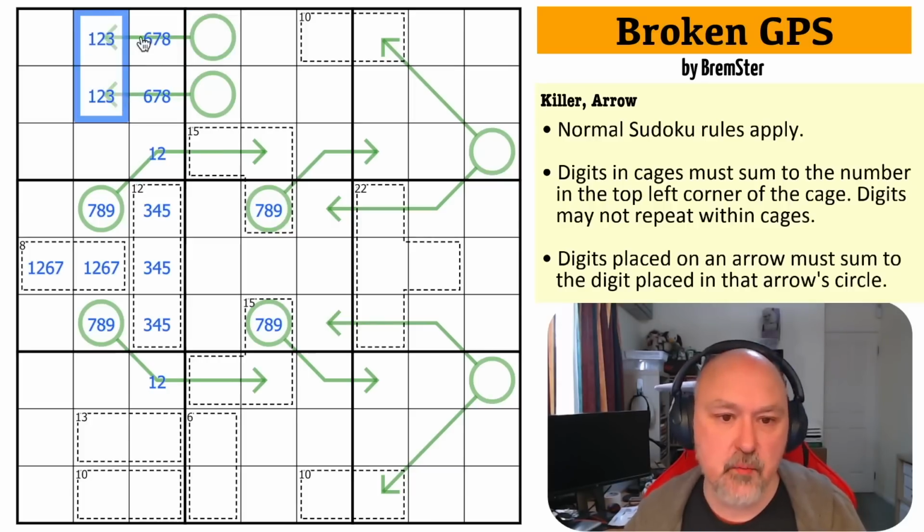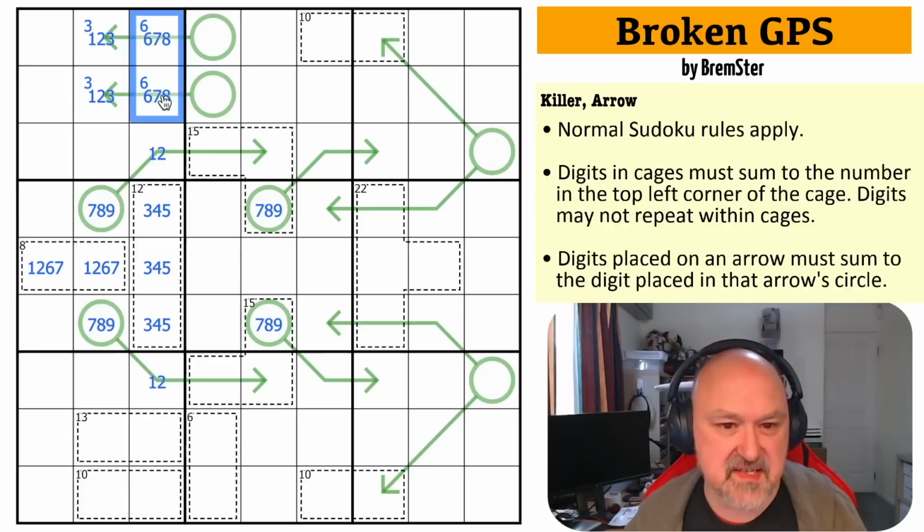So these are only from 1, 2, 3. And that gives me a 1, 2, 3 triple, and a 3 has to be here. And wherever the 3 goes, I can't put it with 7 or 8, so that puts a 6 in here. So there's a 3 here and a 6 here, and we know one of those is 9.